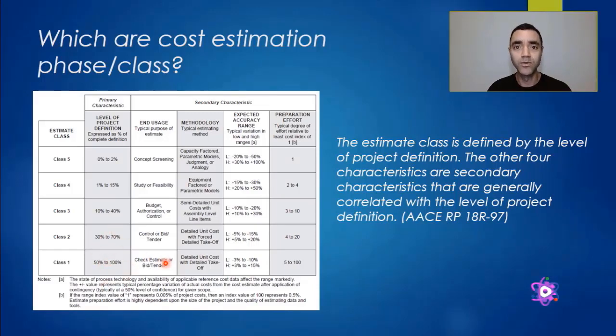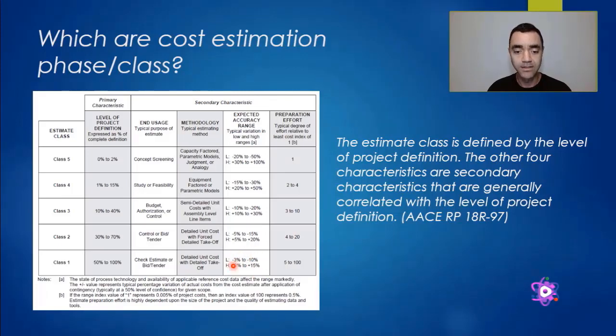It's possible with the documentation developed to do check estimate and bid tender, and the accuracy can be as low as minus 3% in the lower range and plus 3% in the higher range.